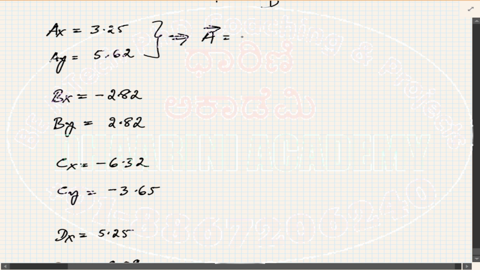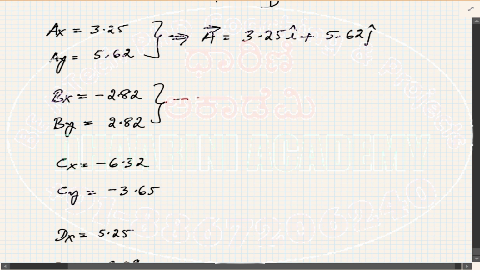What is the unit vector along the x-axis? It is i cap. So the equation for A is 3.25 i cap plus the next component, that is along the y-axis, 5.62 j cap.